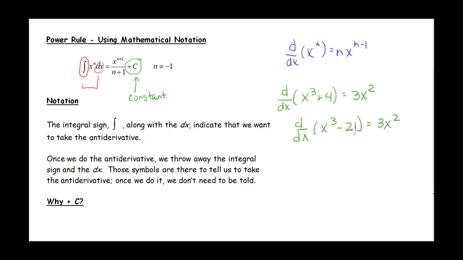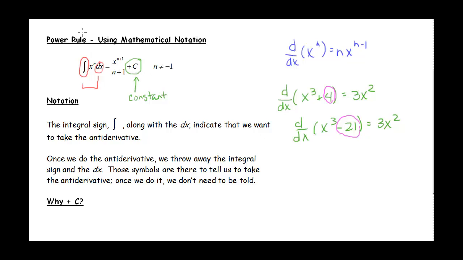So if we have this constant that's being added here, so here the constant is 4 and here the constant is negative 21, we don't know when we're going backwards, when we're starting from the 3x squared and we're trying to get back to here, we don't know what this constant was. So what we do is we just say plus c, indicating c is any constant.